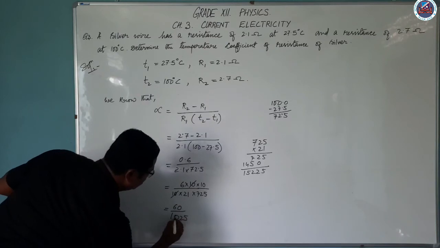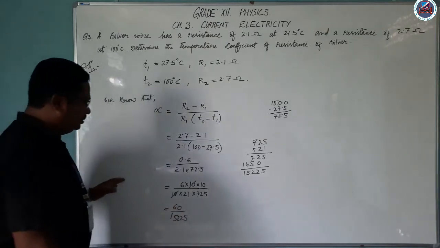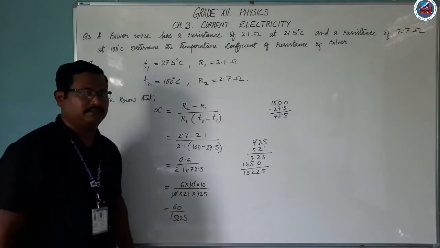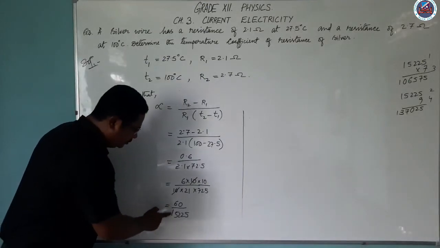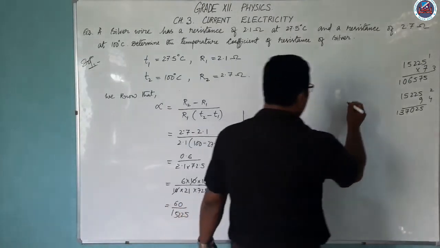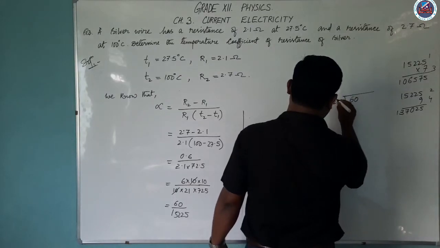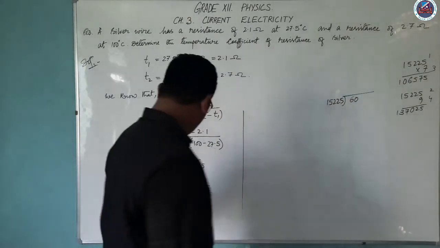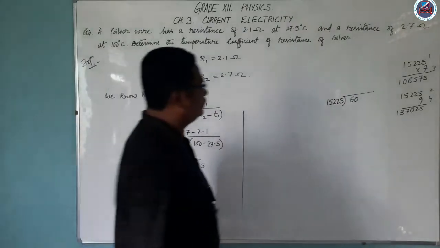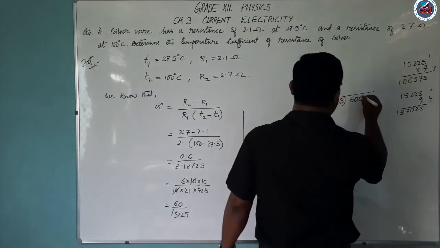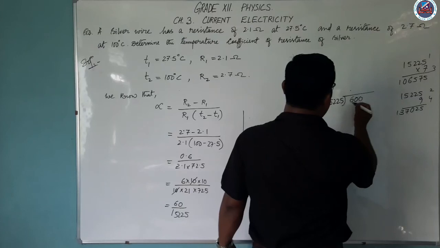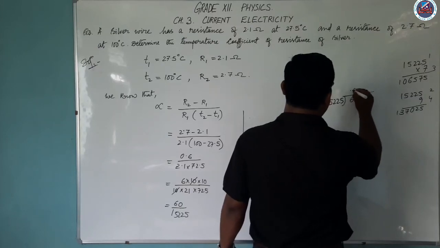This time you cannot borrow any zeros here, so you have to go for direct division. Let us divide this value. 60, we are dividing by 15225. It cannot divide, so I put a decimal, and still it cannot divide if I put 1 zero.